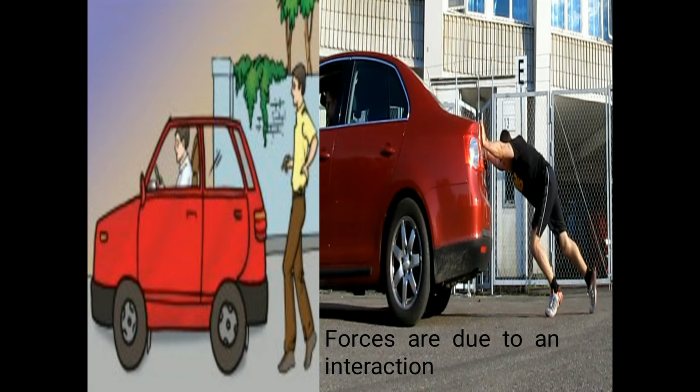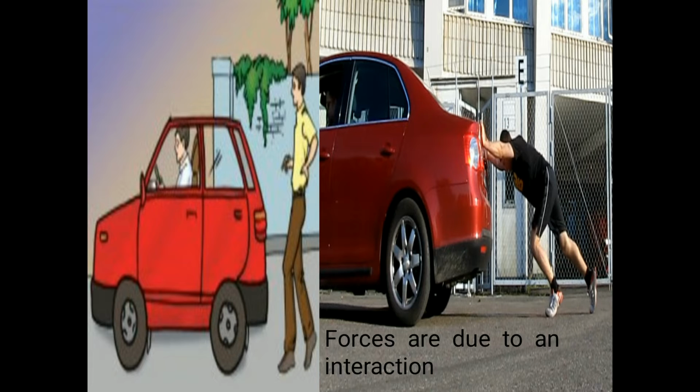In this diagram, a man is standing behind a stationary car. The car is at rest. Will the car move due to his presence? No. Suppose now the man begins to push the car. It means he applies force on it.